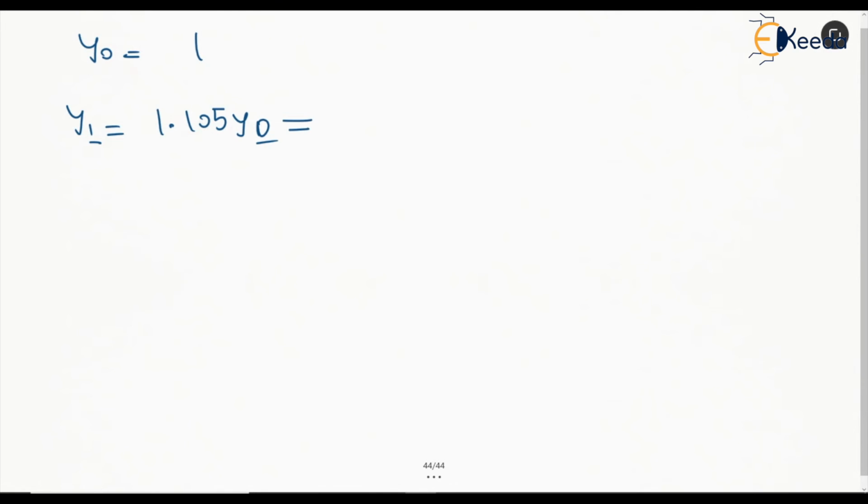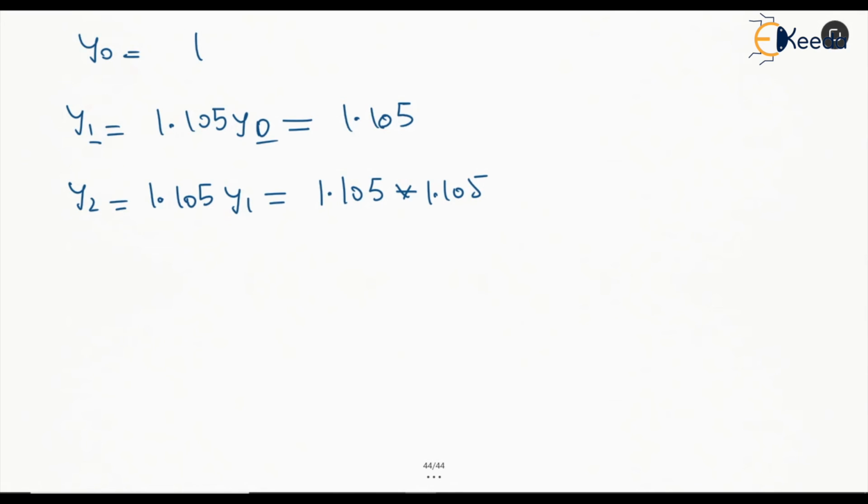So this is going to be again 1.105, as y0 is 1. y2 will be 1.105 times of y1, which is 1.105 into 1.105, and this is 1.221.